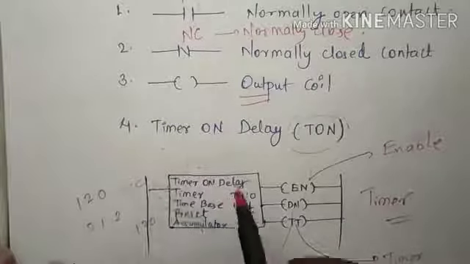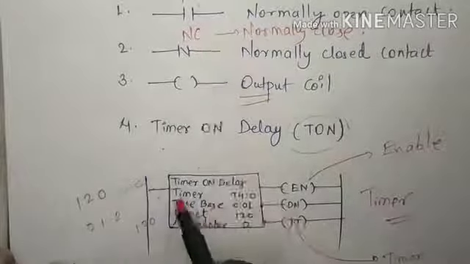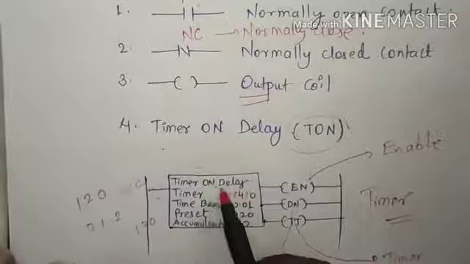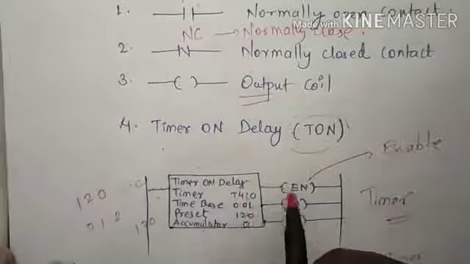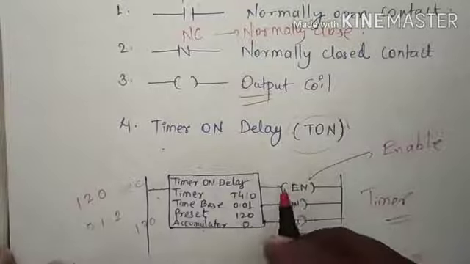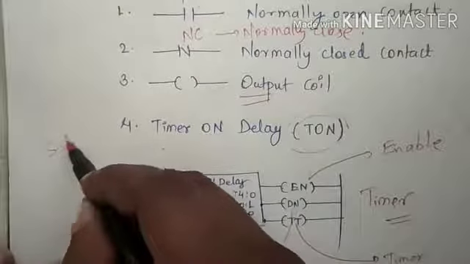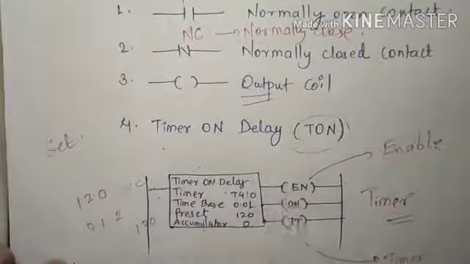Only if the previous conditions like NO and NC are true does it get the input. Then, as soon as the timer gets its input, its enable bit will be true, or set. When the timer gets its input, its enable bit will be on.